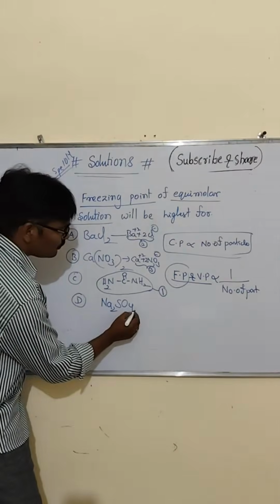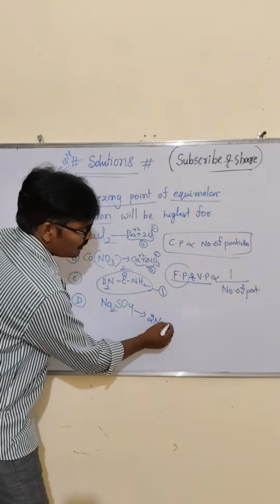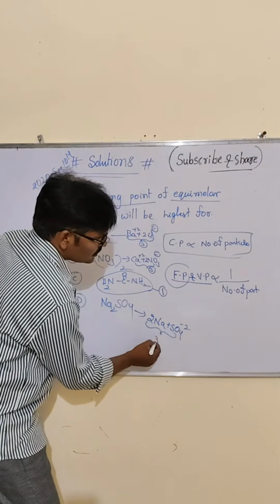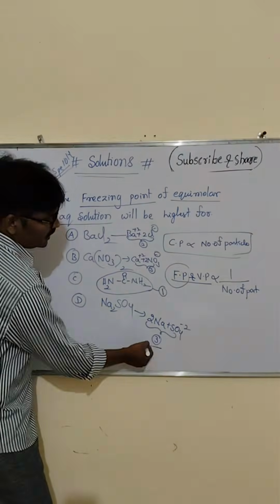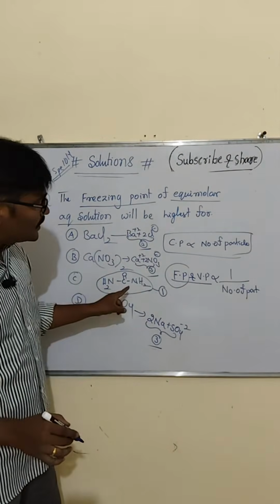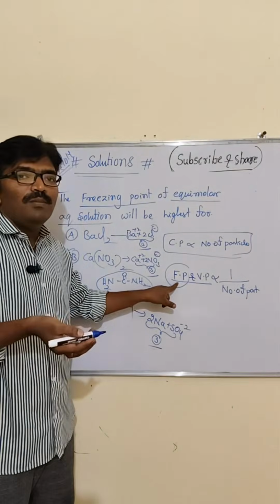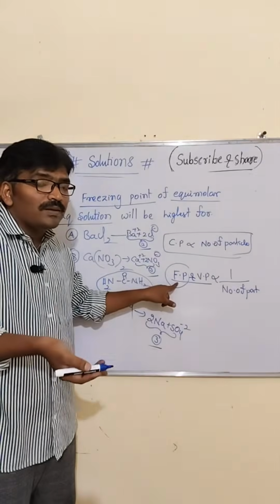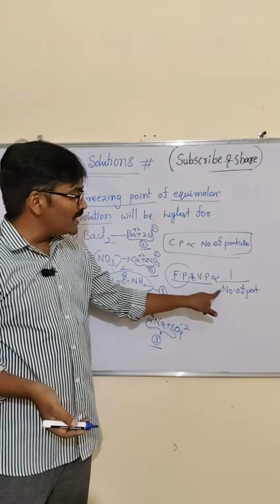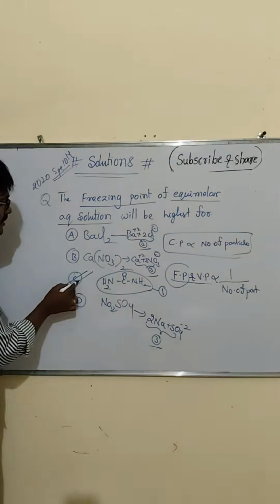Then Na2SO4, it dissociates because it is an ionic compound, 2Na+ and SO4 2-, total 3 particles. Where there are fewer particles, that has the highest freezing point, because it is inversely proportional. That is why urea is the answer.